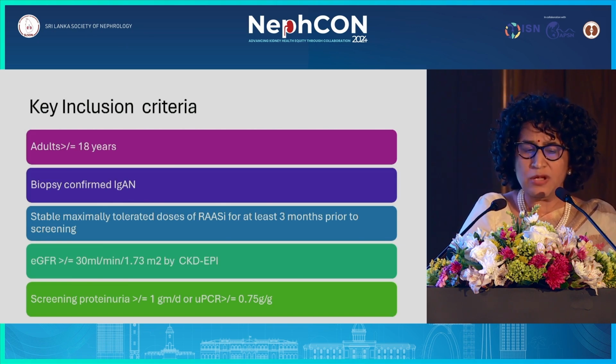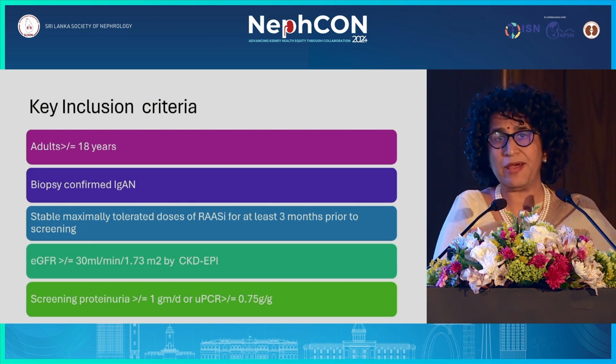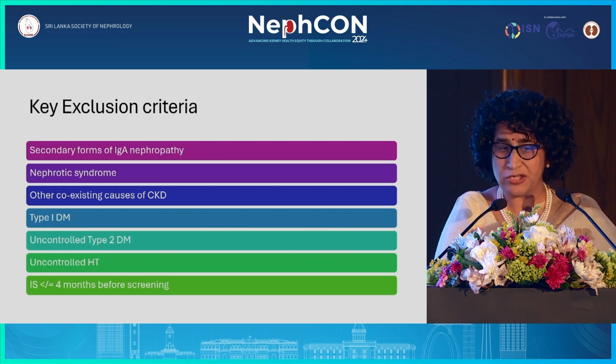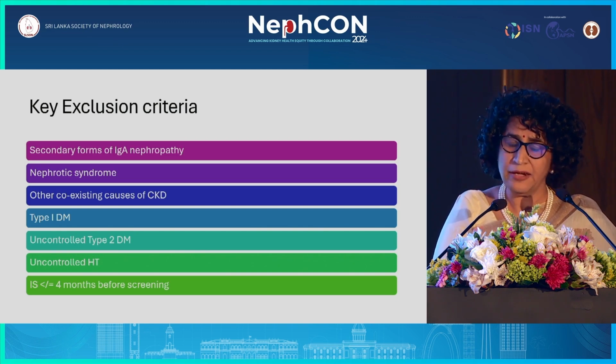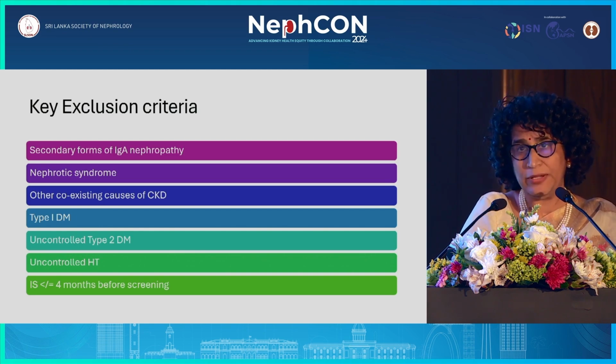The eGFR was equal to or more than 30 mL by CKD-EPI, and screening proteinuria was equal to or more than 1 gram per day, or UPCR of greater than or equal to 0.75 gram per gram of creatinine. The key exclusion criteria were secondary forms of IgA nephropathy, nephrotic syndrome, other coexisting causes of CKD, type 1 diabetes, uncontrolled type 2 diabetes, uncontrolled hypertension, and any immunosuppression if received within 4 months prior to screening.